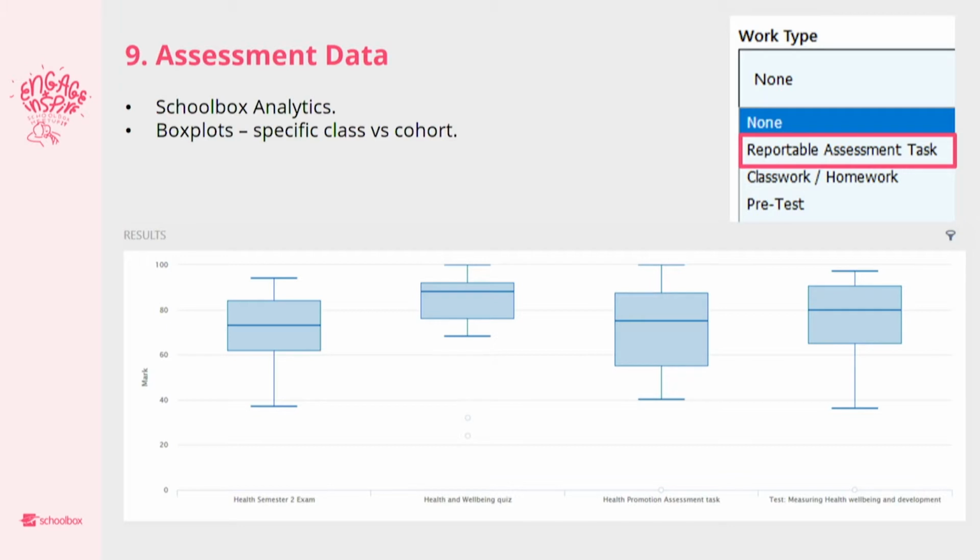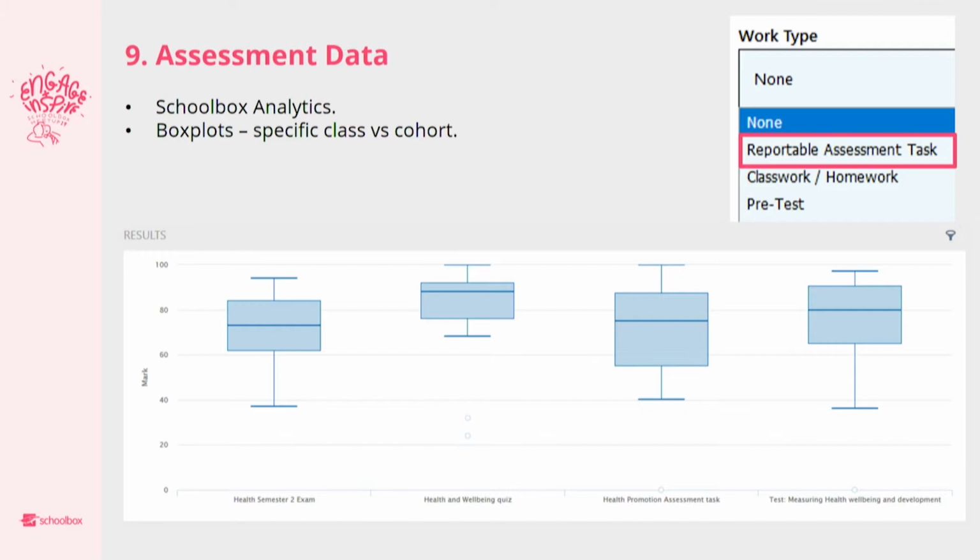I'm just going to come back now to those work types. And how this has been powerful at Salesian is that when we're looking at our courses or looking at students or data sets for a class, we can start to analyse specific types of assessment, and using the reportable assessment tasks are probably what we're most interested in.